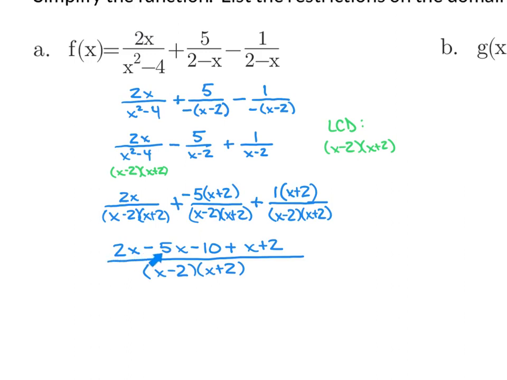We have 2x minus 5x plus x, and when I do that, I get negative 2x.